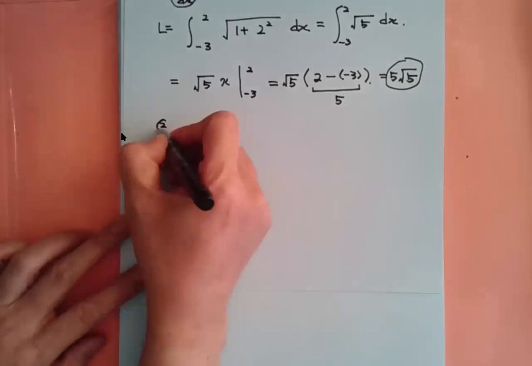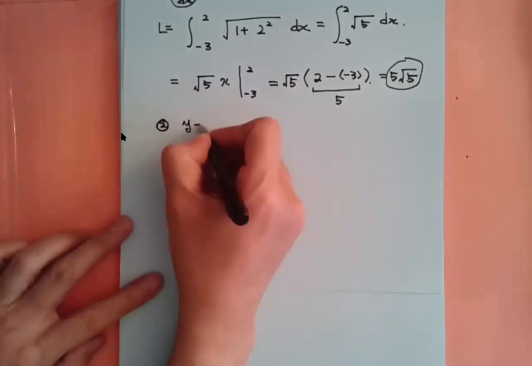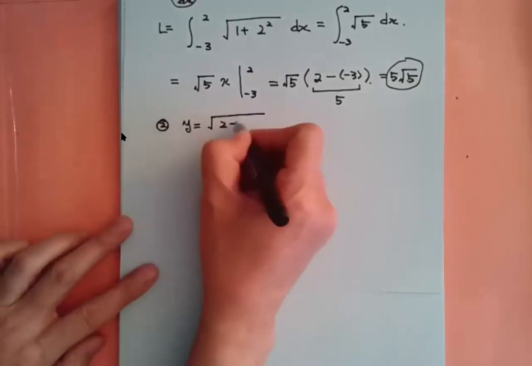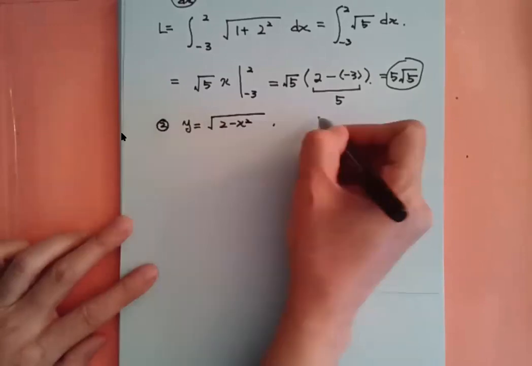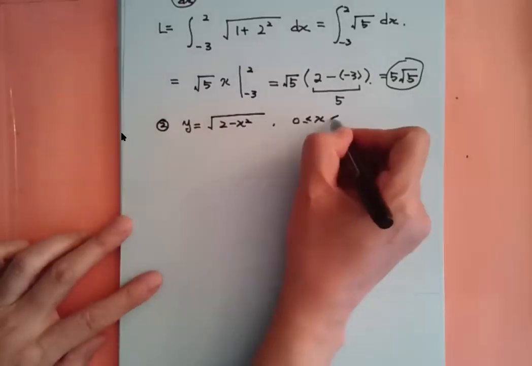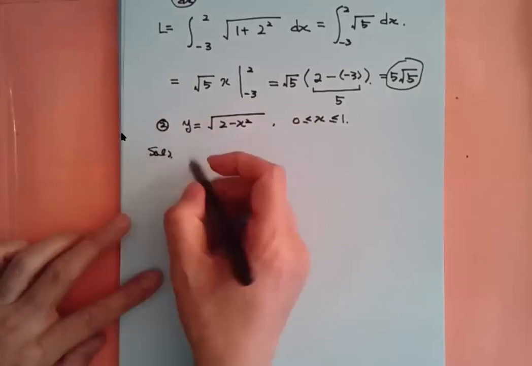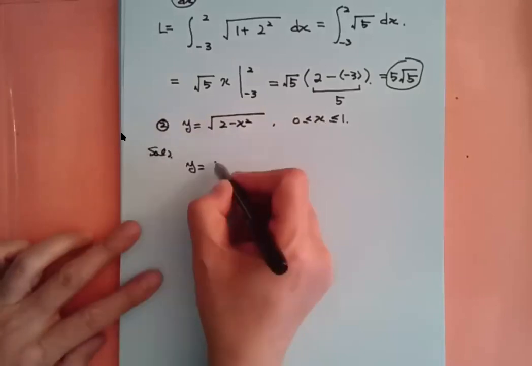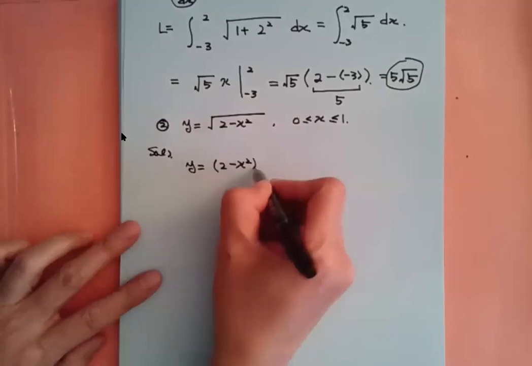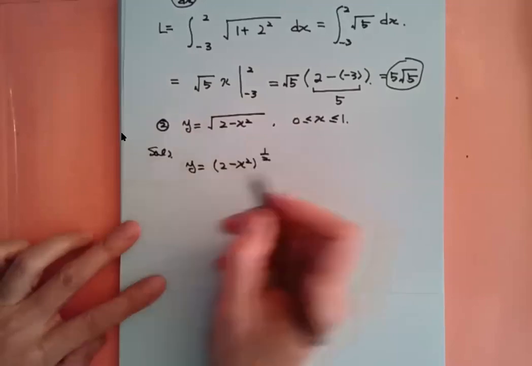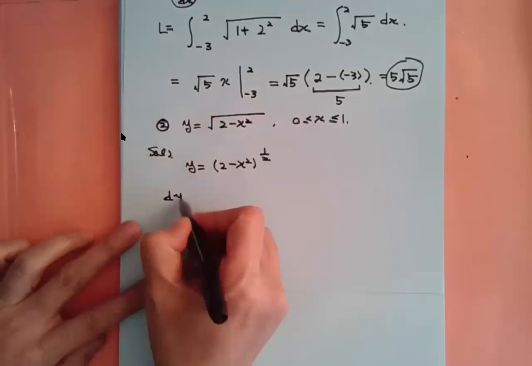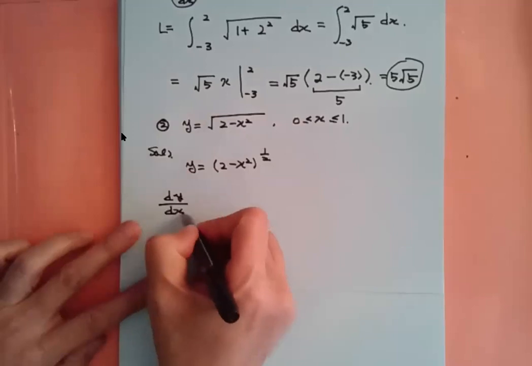The second question is y equals square root of 2 minus x squared, when x is between 0 and 1. Let's write y equals 2 minus x squared to the 1/2 power, because we want to apply the power formula.